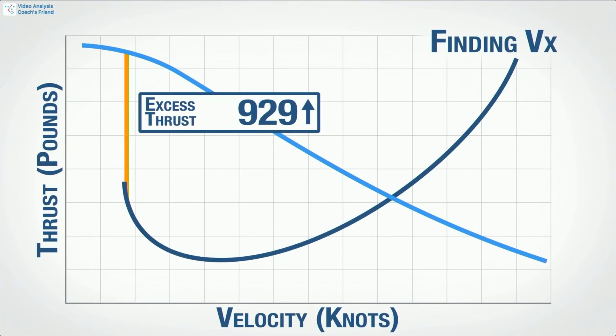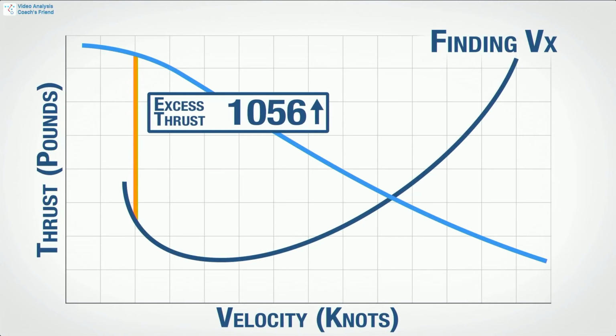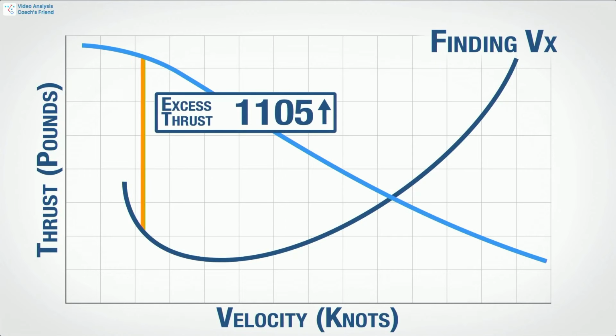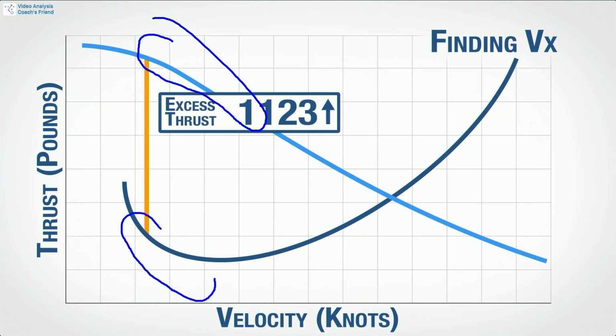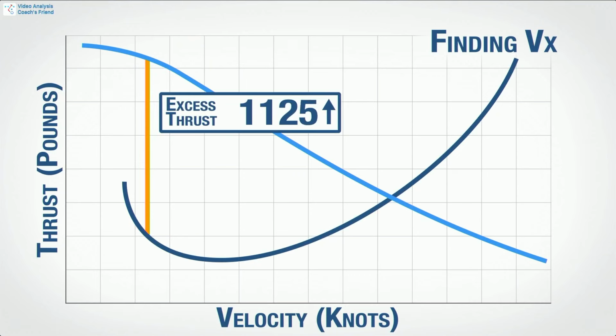So as we start to move forward, you can see that excess thrust is continuing to increase. And you'll notice that this top curve is going down. Okay, so we're losing thrust available, but the thrust required curve is decreasing at a faster rate. So we're actually ending up with more excess thrust as we continue to move forward here.